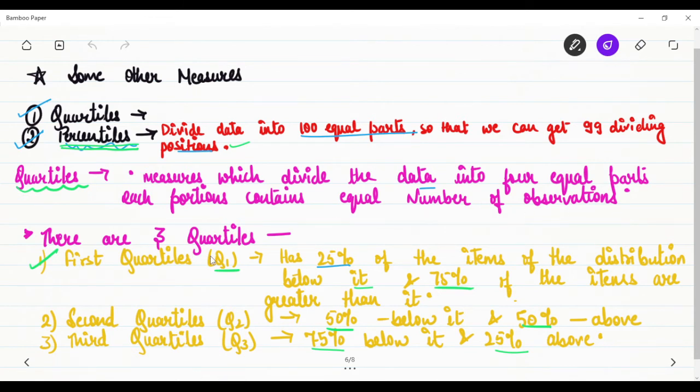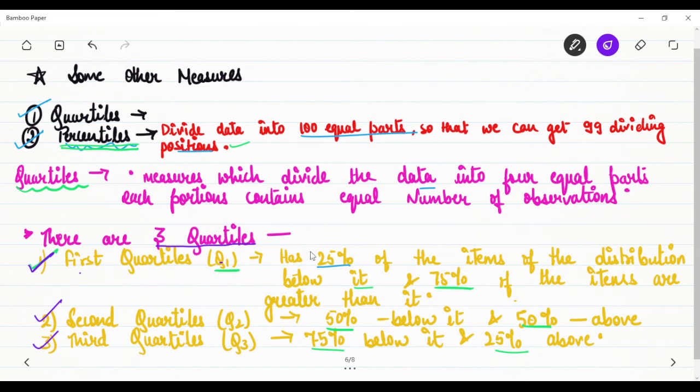There are 3 quartiles. First quartile is Q1, which has 25% of the items of the distribution below it and 75% of the items greater than it. Read these 3 points carefully because I am going to explain them in diagrammatic form.